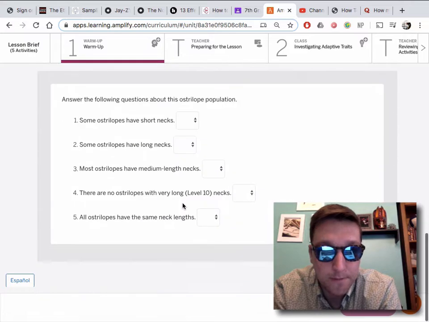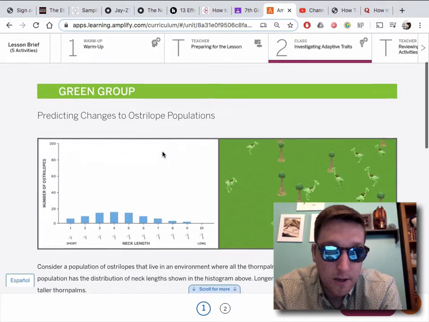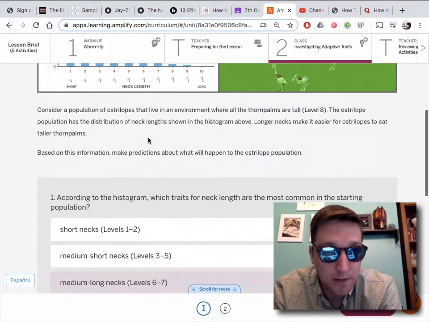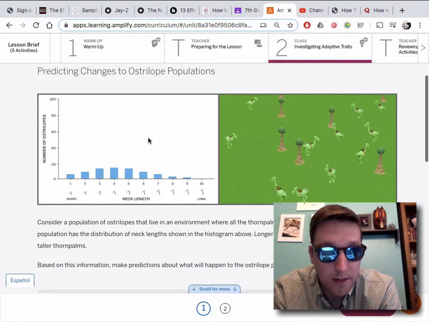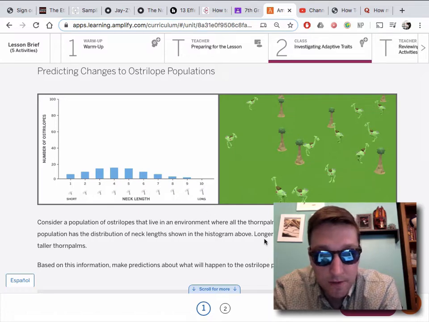Let's move forward to part 2. Okay, we're going to make a prediction, I think, before we launch into the sim. Consider a population of australopes where all the thorn palms are tall. The australopes have this distribution.